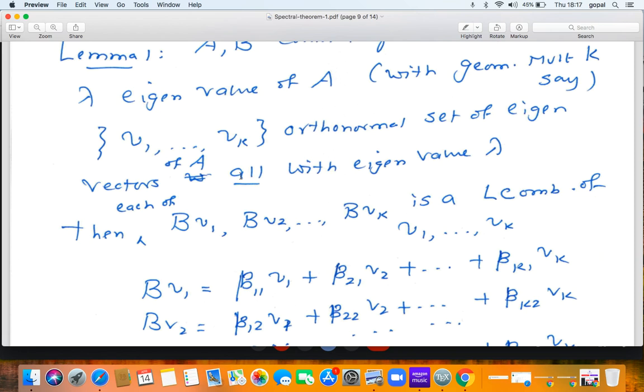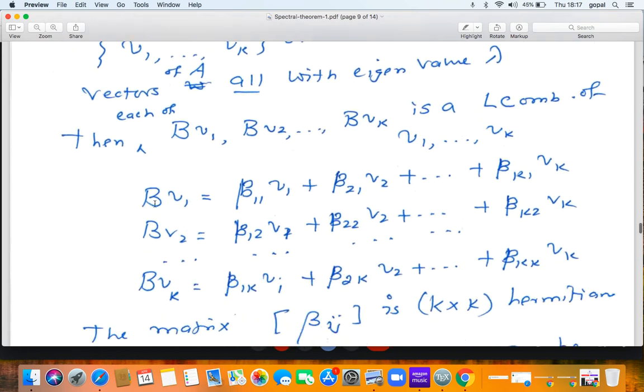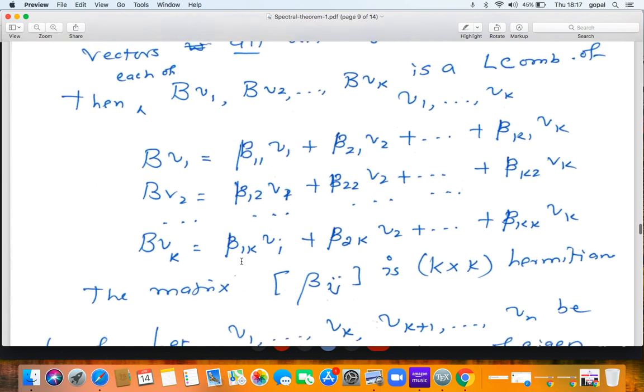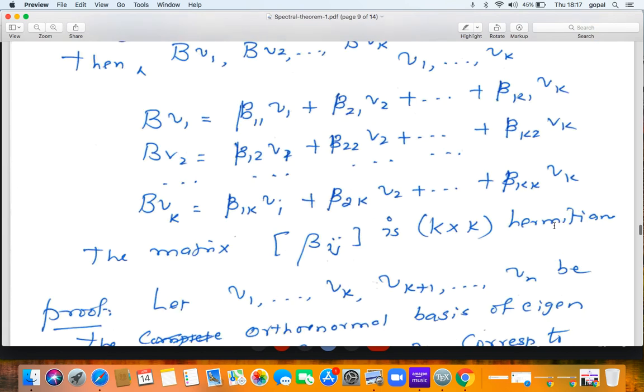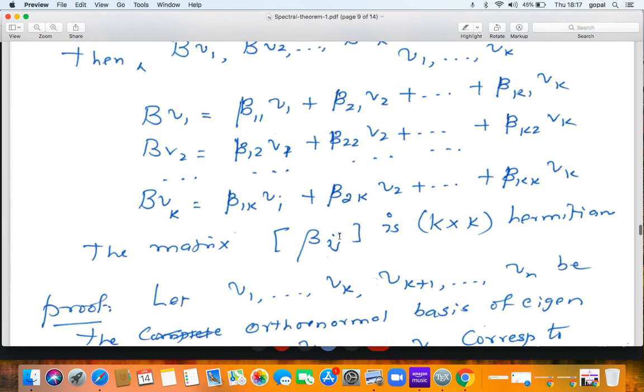So BV1 will be beta 11 V1 plus beta 21 V2 plus ... beta k1 Vk, and so on, up to BVk, which is beta 1k V1 plus beta 2k V2 plus ... beta kk Vk. The matrix beta ij is a Hermitian matrix.